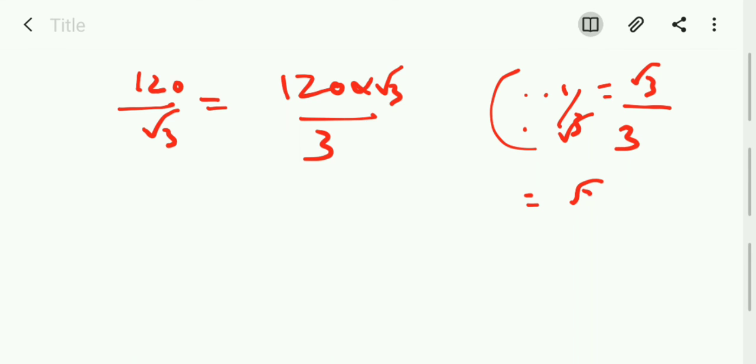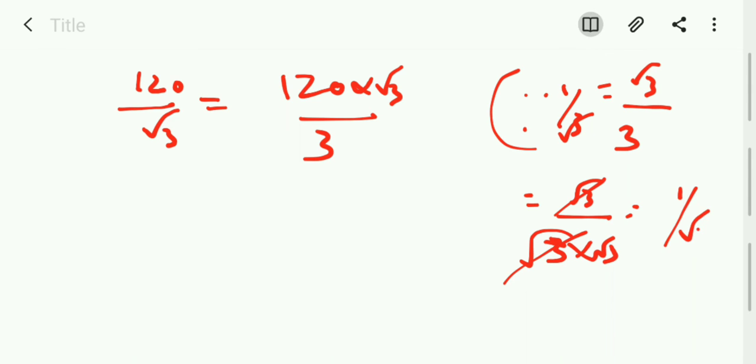So 3 can be written as root 3 into root 3. One root 3, one root 3 cancels out, so it is 1 by root 3 itself. Look, I've got the answer, 1 by root 3. So instead of just 1 by root 3, I am writing it as root 3 by 3.